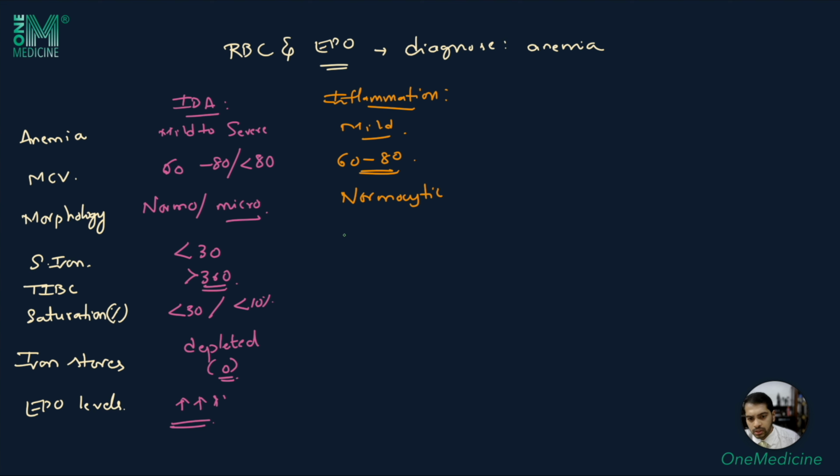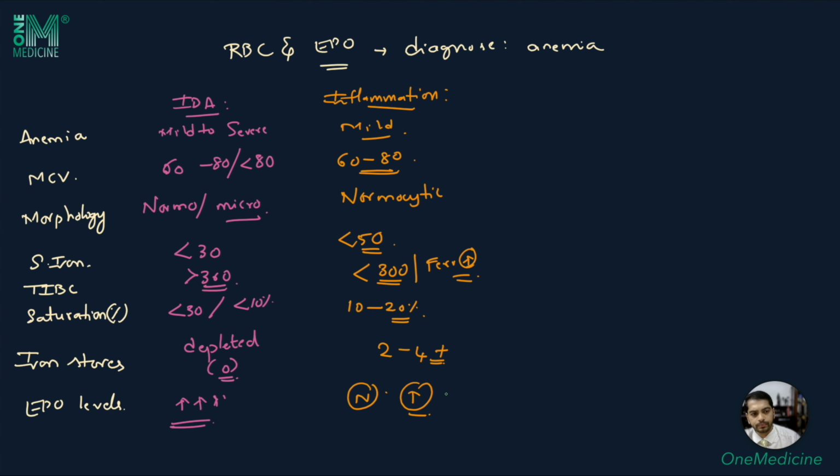Serum iron is within normal limits or slightly reduced, especially if it is chronic, owing to increased hepcidin and reduced iron absorption, whereas total iron binding capacity will be classically less than 300, and also serum ferritin will be increased. This is a very important marker. The iron saturation can range anywhere from 10 to 20%, again owing to increased hepcidin levels. Iron stores will be good, 2 to 4. Erythropoietin levels will either be normal or slightly elevated.